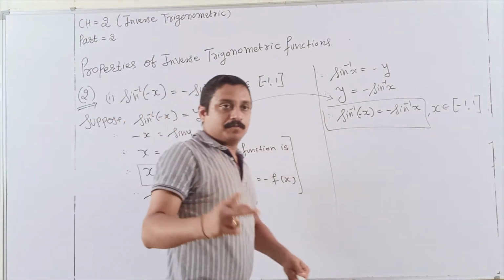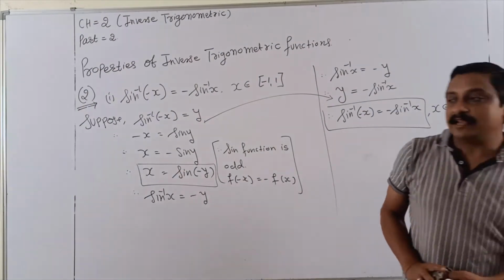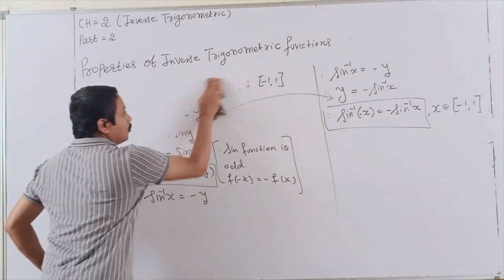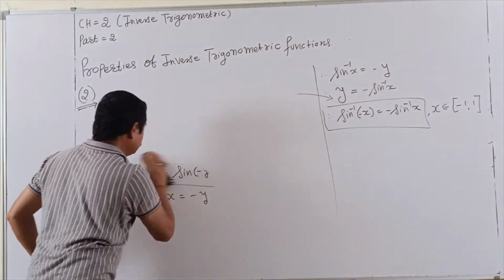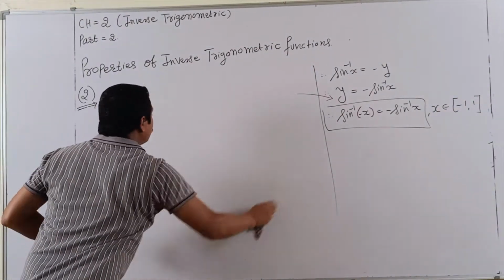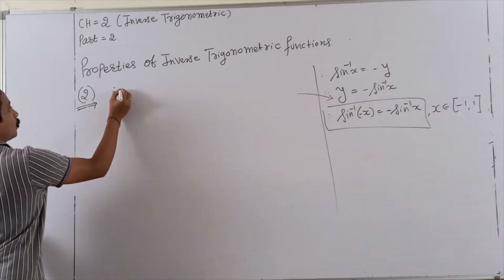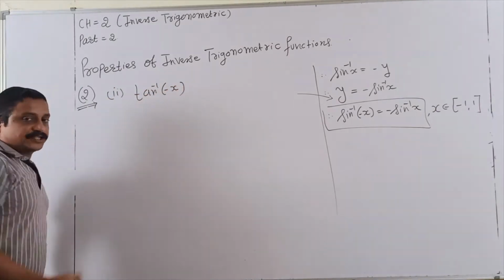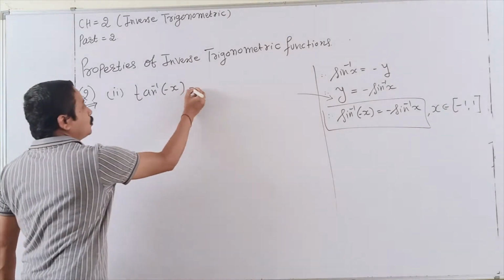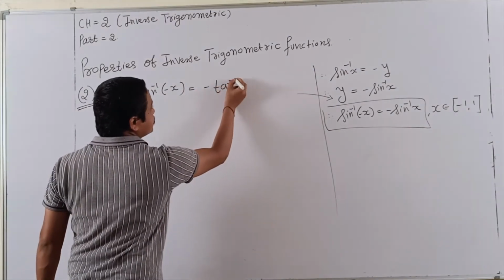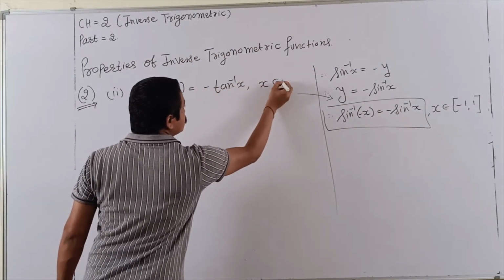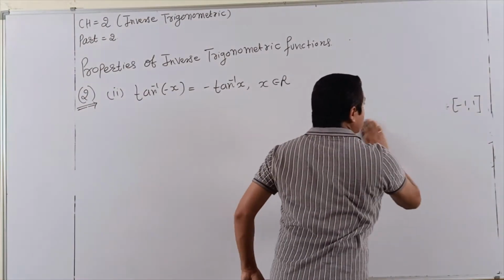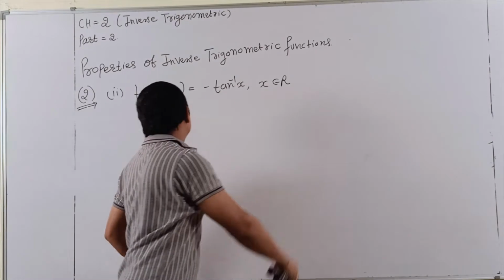Now I go to theorem 2, second property: tan inverse of minus x is equal to minus tan inverse x, where x belongs to R. The proof is the same as in theorem 2.